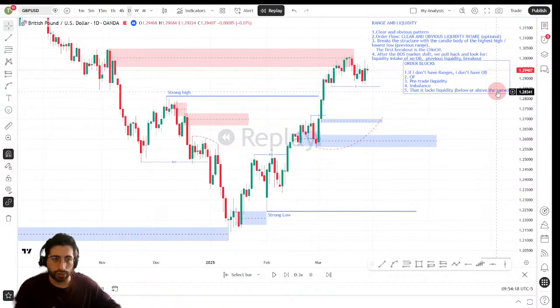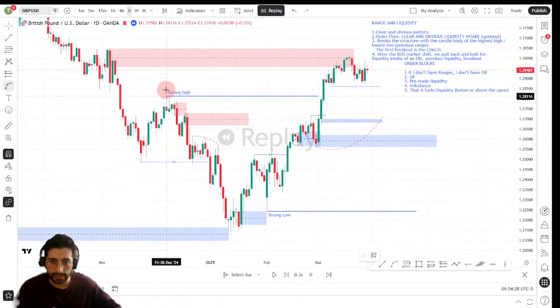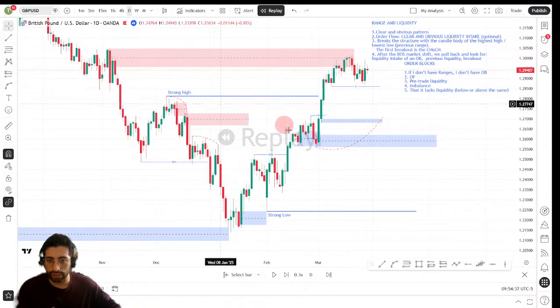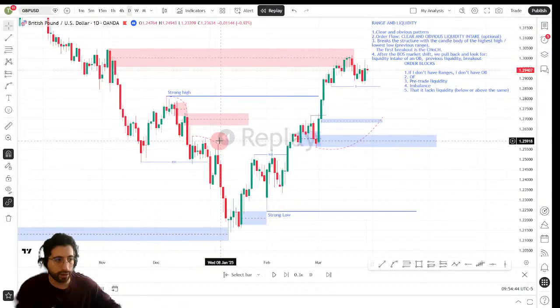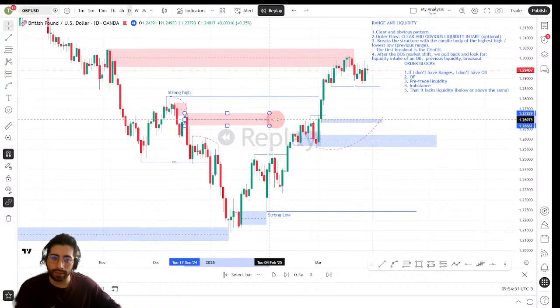Above this order block we have a lot of highs, a lot of liquidity. It's simply liquidity. Because it doesn't have an imbalance and it has liquidity above it, that makes it a low probability order block.